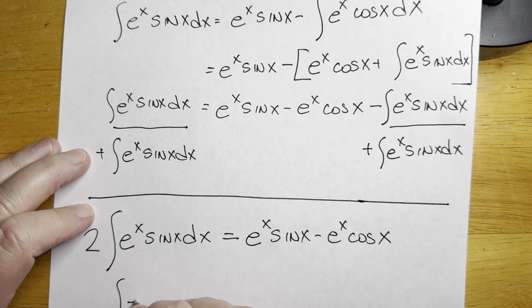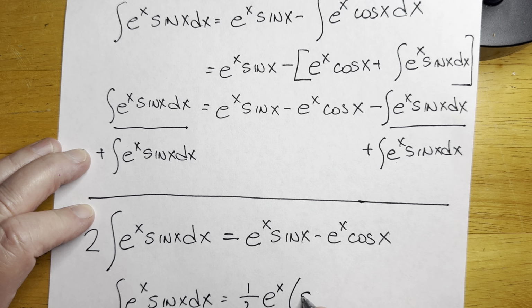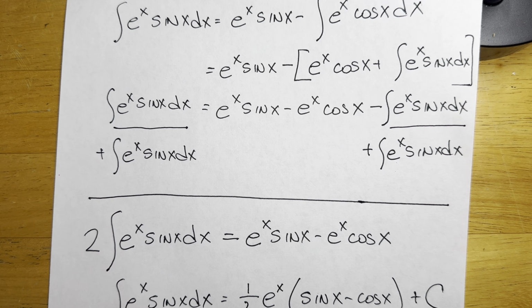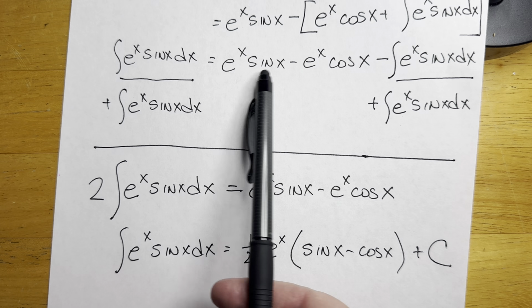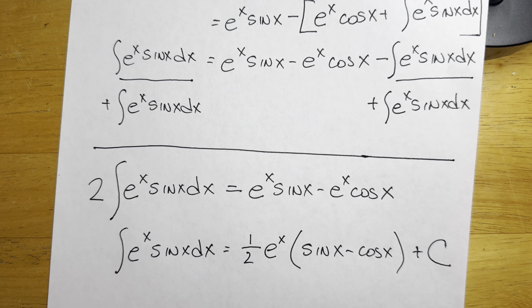So I get that the integral of e to the x sine of x dx equals 1/2 e to the x times sine minus cosine. And then I put in a big old C to compensate for the possible constant. And again, the way we've been doing this is I haven't been keeping track of the C's all the way through. We're just sticking it on at the end. But you could be putting them into every step if you would like. It works just as well like this.